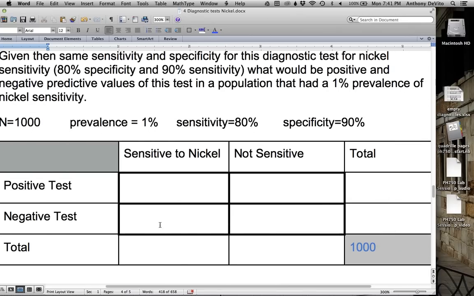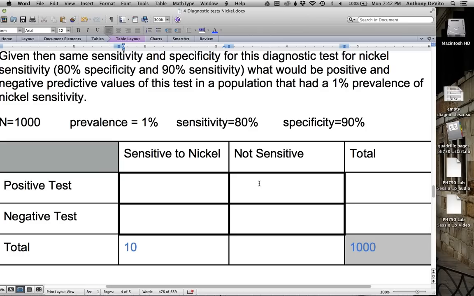How many people are going to be sensitive to nickel? 1% out of that 1,000. How many is that? Somebody take a wild guess. 10, right? 10 people. All right, good. You guys online, if you answer first, you get extra consideration. So 10 people are going to be nickel sensitive out of 1,000 people.